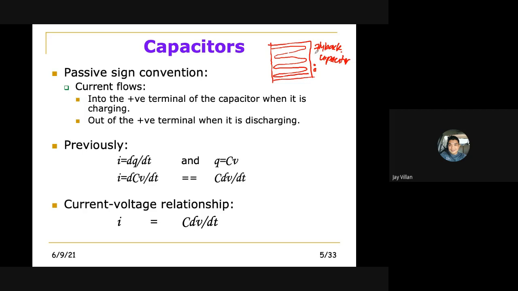So the experts, the technicians, what they do is they have to release that energy by connecting the capacitor to ground, to release that amount of energy. Okay, so that's how big the energy that can be stored in a capacitor.